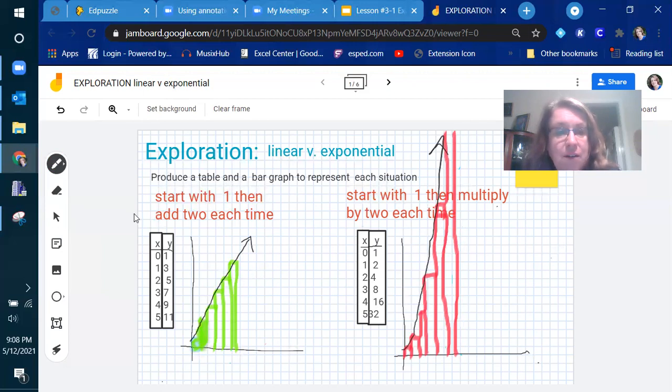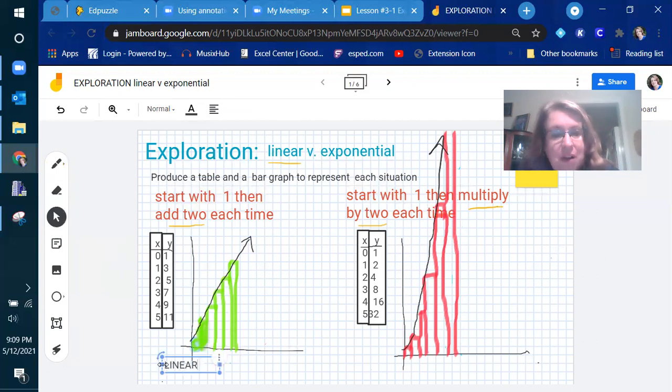So this is adding 2 every time. And this is multiplying by 2 every time. Well, guess which one is linear? So this here is going to be our linear because if I connect the corners, it would be a straight line.